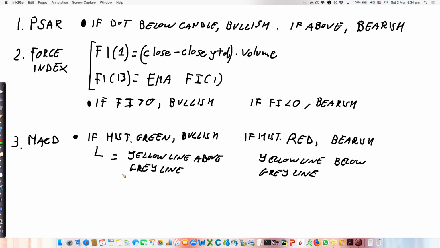okay, we can write it here again, but this one again I'm not using, is the yellow line above 0.